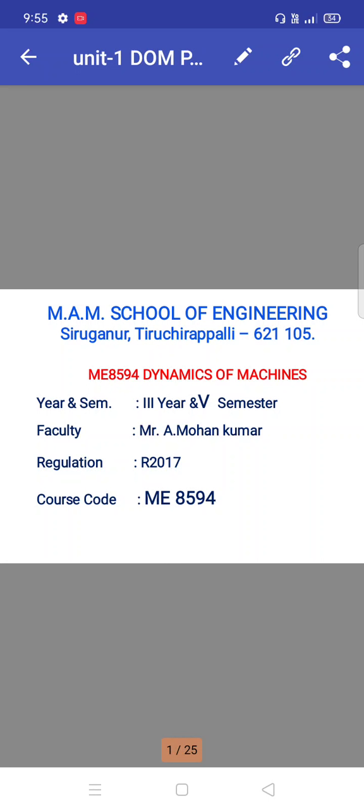So this is the major difference between the dynamics of machine and the kinematics of machines. The kinematics of machine is the fundamental one. We studied each and every term in kinematics of machines. The next version we can see in dynamics of machine. This is a major thing here.